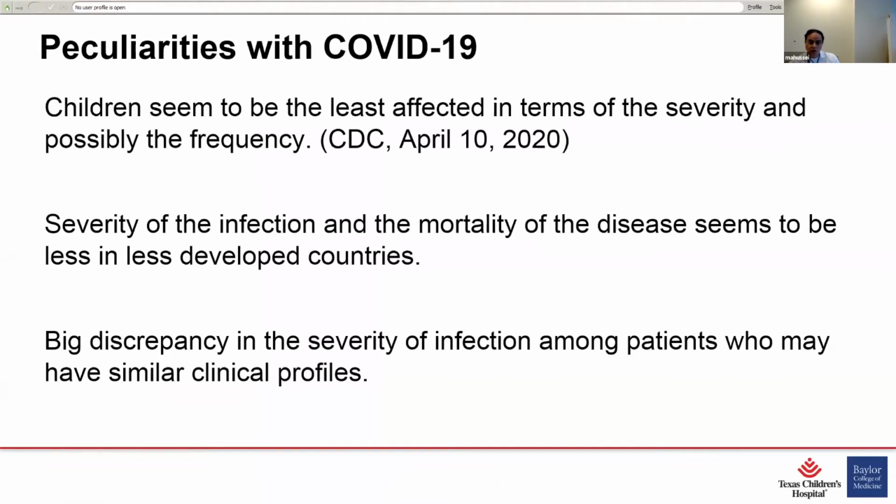Two, severity of the infection and the mortality so far seems to be affecting less developed countries more than more developed countries, which is again very counterintuitive. You would expect more burden on the less developed countries with typical infectious diseases. Three, there is big discrepancy in the severity of infection among patients who have similar clinical profile. You can have two people having the same clinical profile, one dies and the other one actually doesn't have symptoms at all.